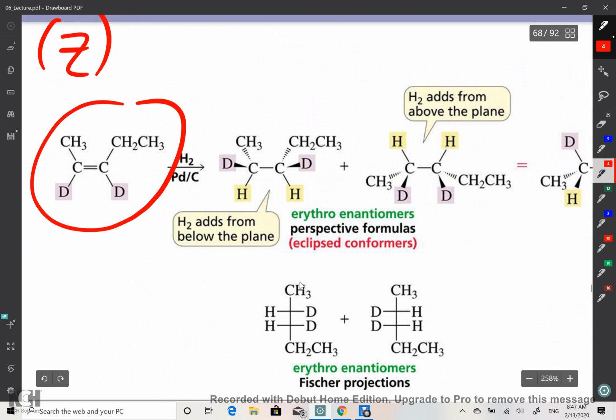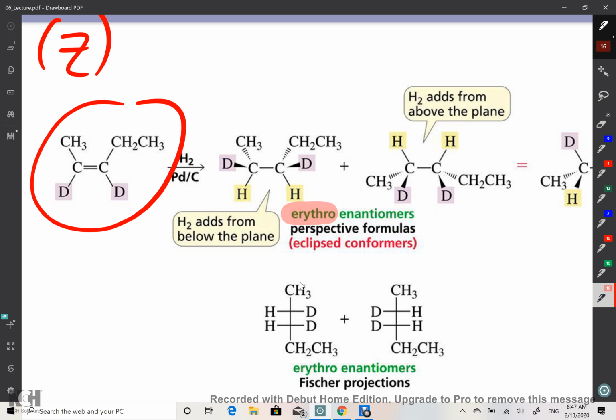So if you start with a Z, then you will form what we call an erythro enantiomer. If you start with a Z and perform a hydrogenation reaction, you will end up with an erythro enantiomer over here.